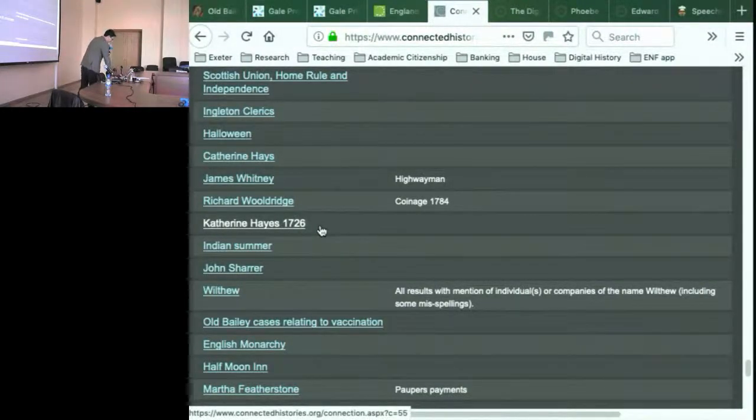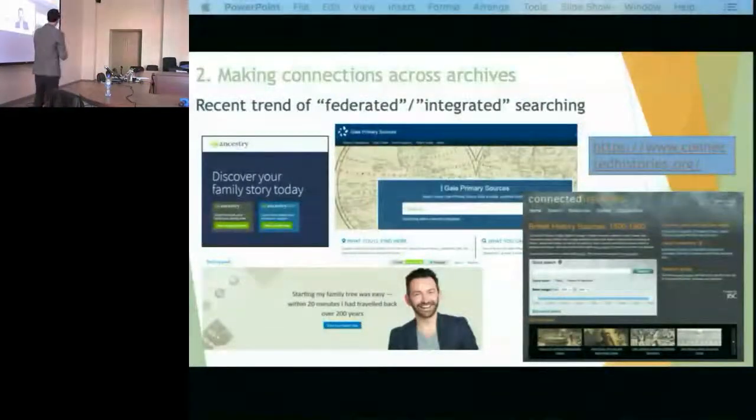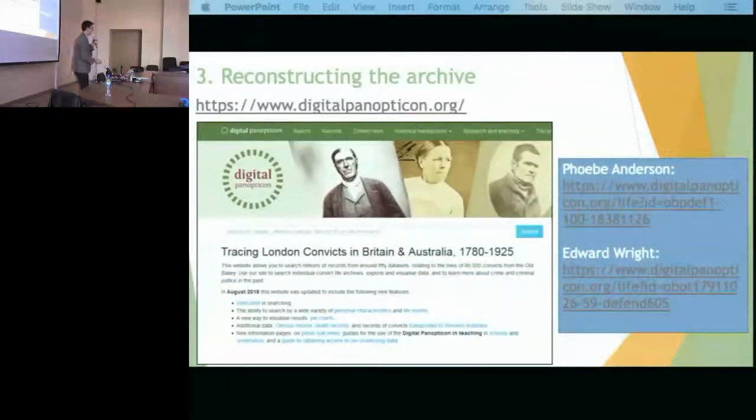These federated search engines, things like Ancestry, Connected Histories and so on, allow us as the user to manually make connections across the archive. But what digital technologies can do, and what we're starting to do now, is to go even further and in effect reconstruct the archive itself.